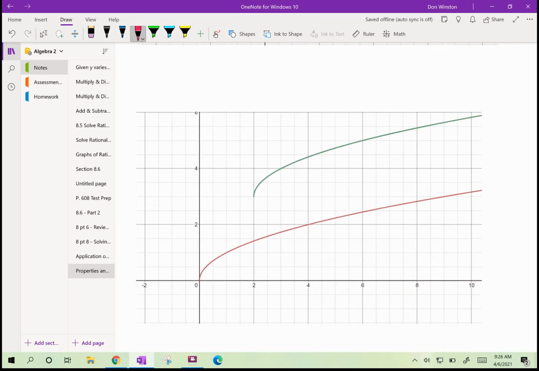Again, this is my parent function, y is equal to the square root of x. Notice here, though, I shifted the graph over 2 units to the right. So this function is going to be y is equal to the square root of, remember, it's counterintuitive, 2 units to the right, so it's going to be x minus 2. But then I also shifted the graph up from the origin, 1, 2, 3.